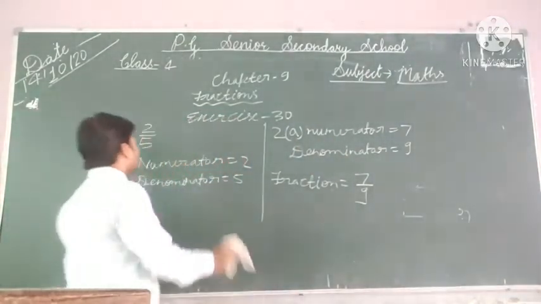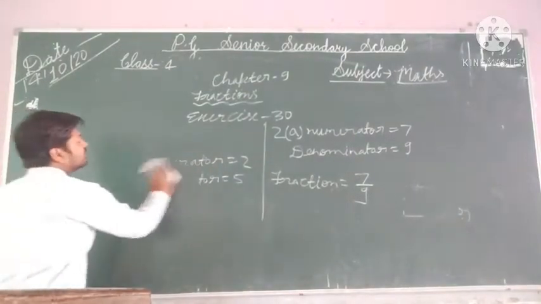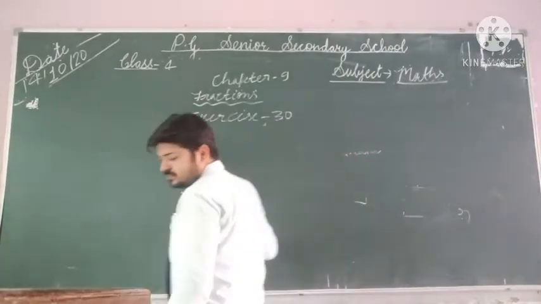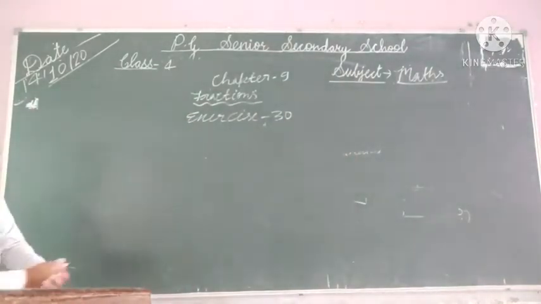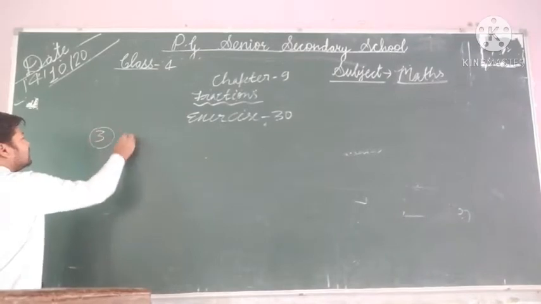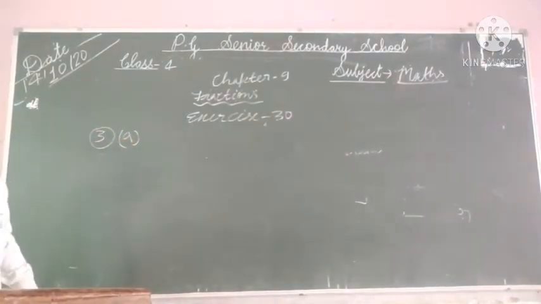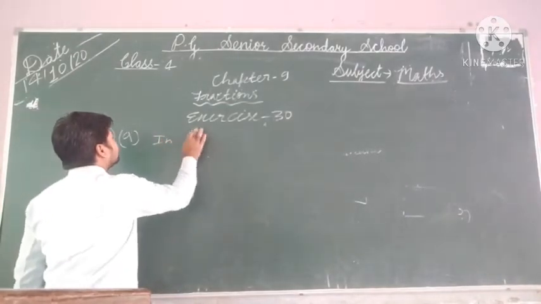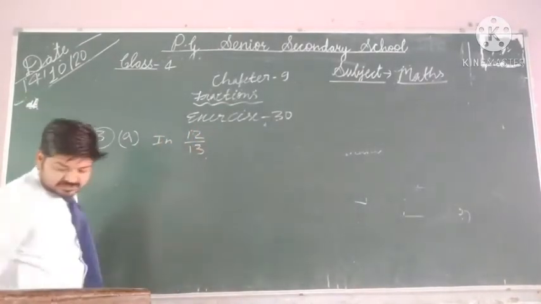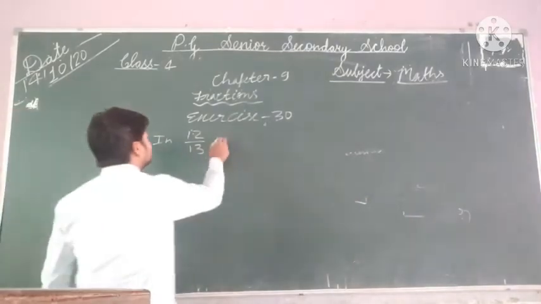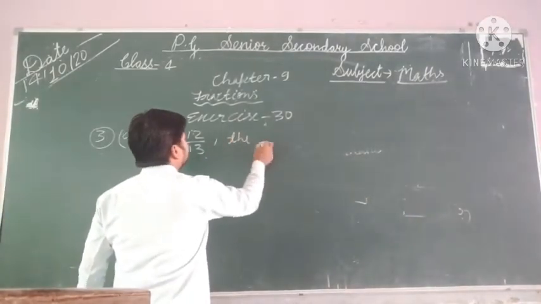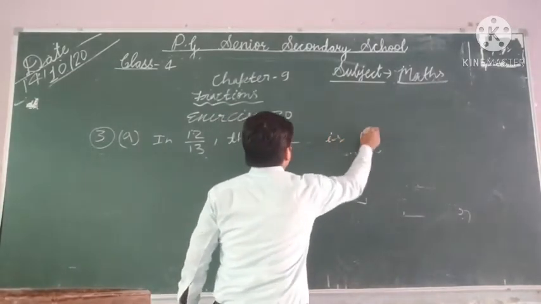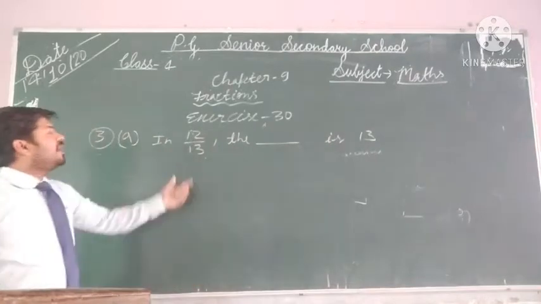Okay. Now I am going to tell you the third question. The third question is filling the blanks. In 12 upon 13, a blank is given. So you have to tell what 13 is in 12 upon 13.